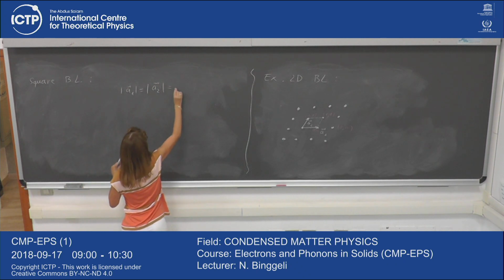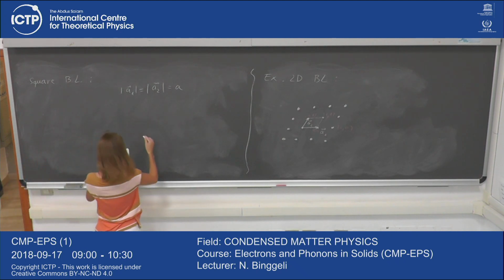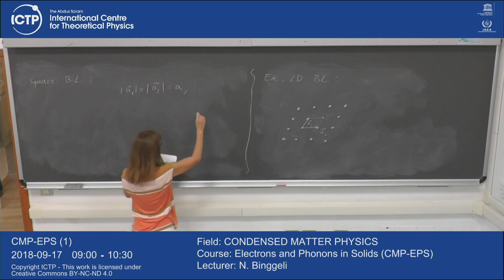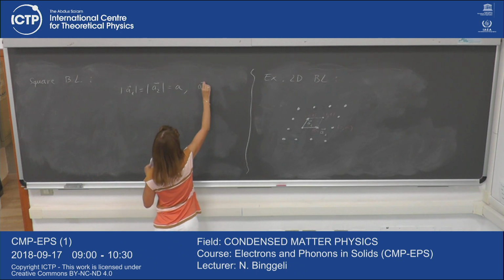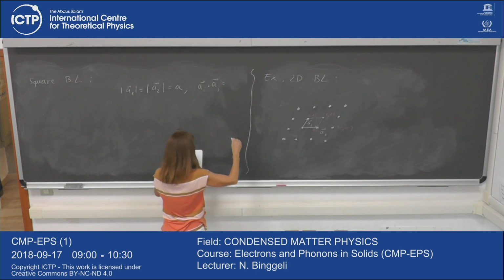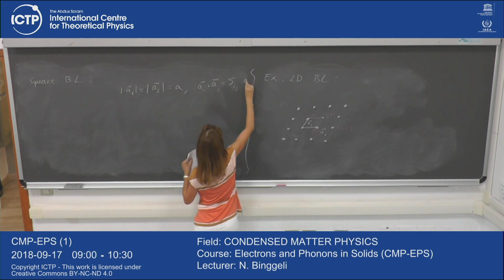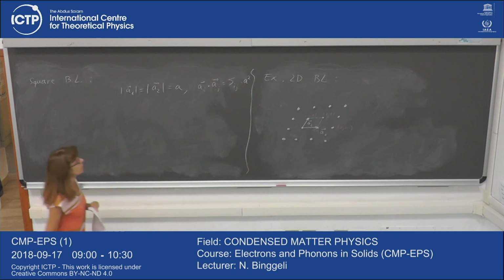So the vectors have a length a, and these vectors are orthogonal. It is ai times aj is equal to delta ij times a squared. So I'm just saying that the two vectors a1 and a2 have the same length and are perpendicular.